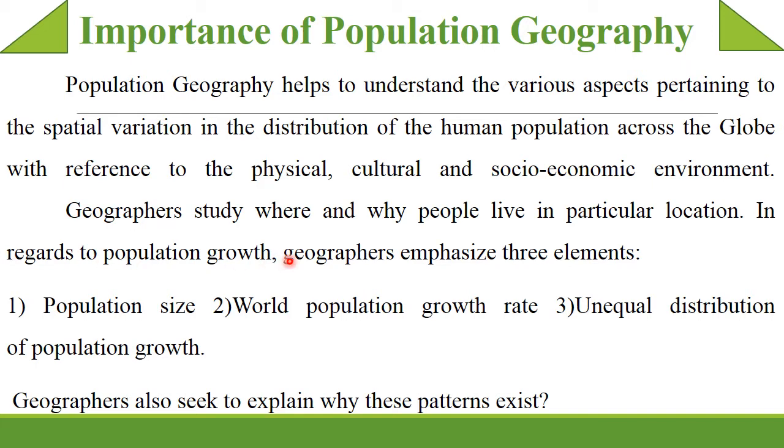Regarding population growth, geographers emphasize three elements. First, population size. Second, world population growth rate. Third, unequal distribution of population growth. Unequal distribution means the distribution of population is not the same in all areas of the world.